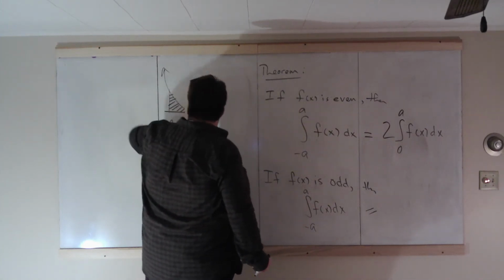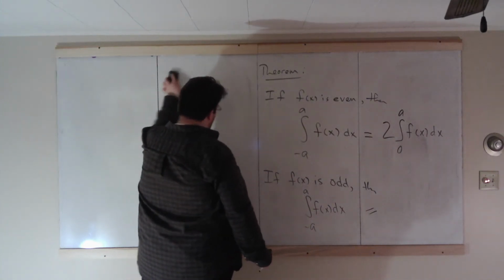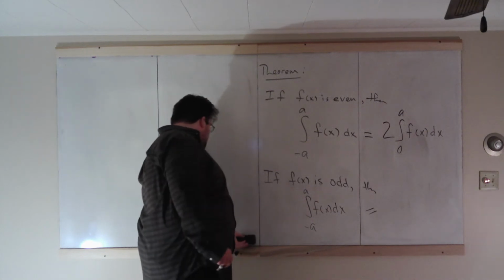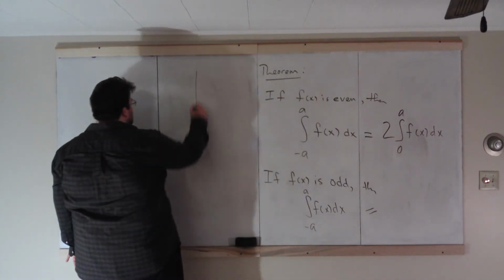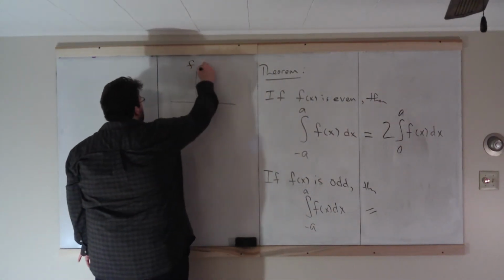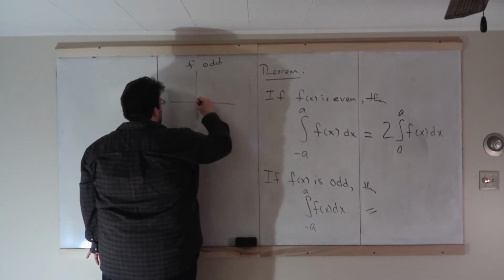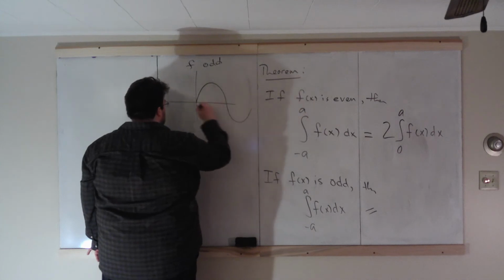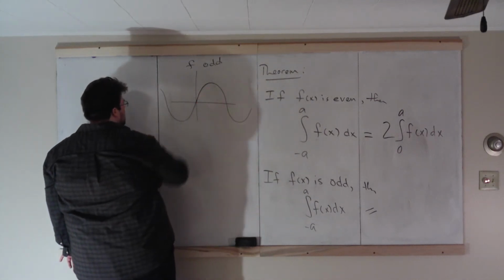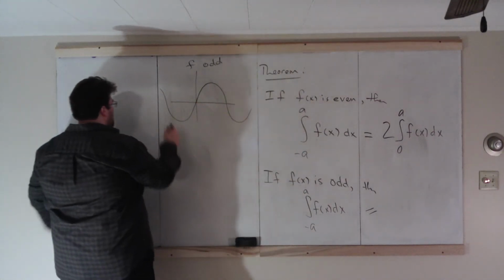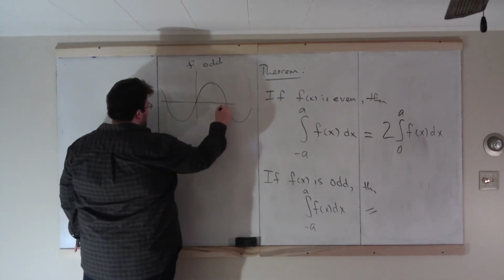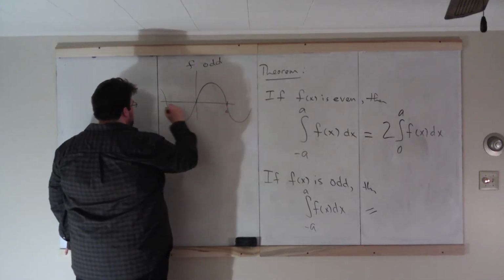And how about for an odd function? What would the integral from negative a to a of an odd function look like? Well, f odd. Let's do sine. There's sine, and so on. Let's just say a happens to be pi.